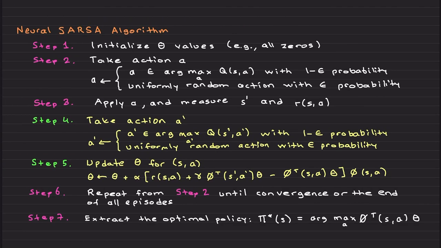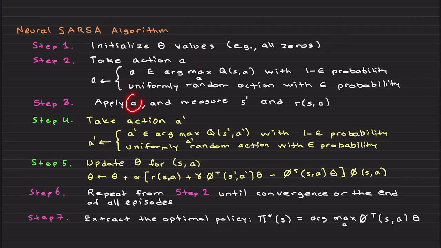Let's look at the neural SARSA algorithm. The pink steps are identical to Q-learning, and the green steps are the different steps. We initialize theta, take an action.